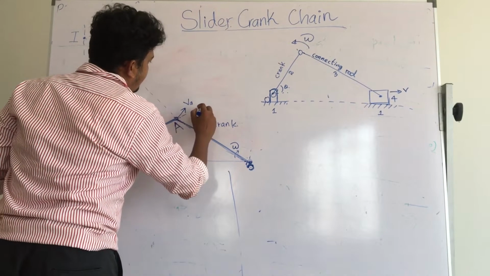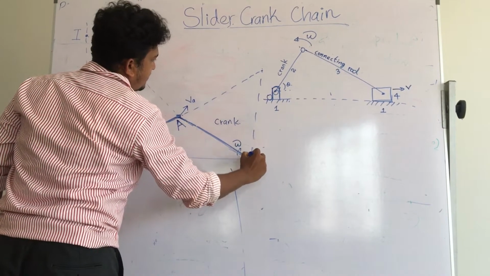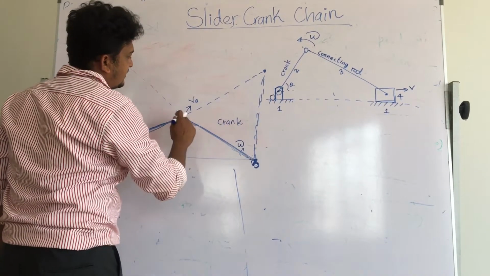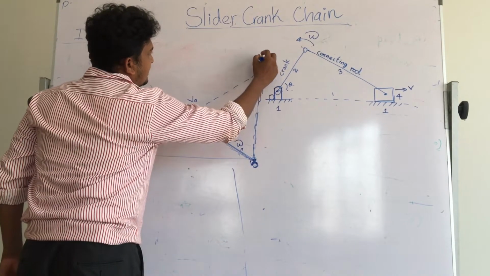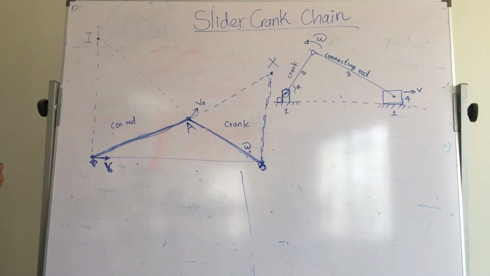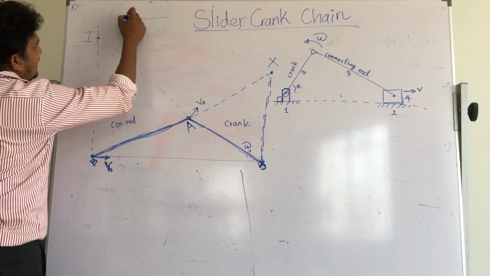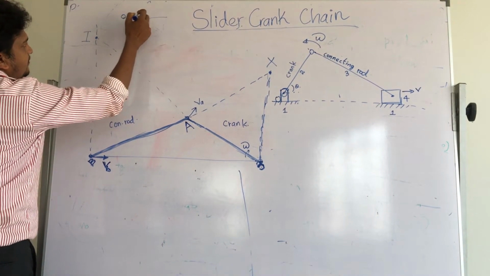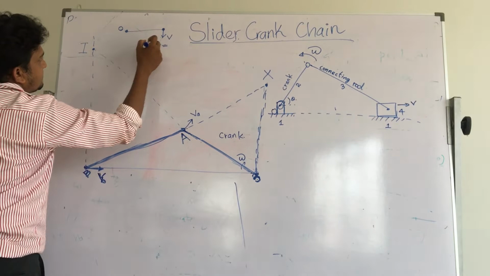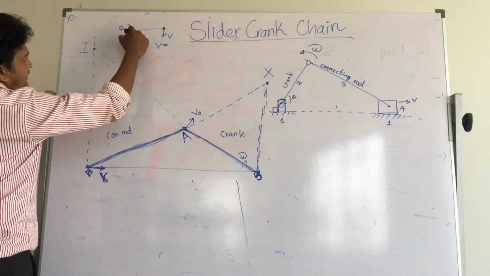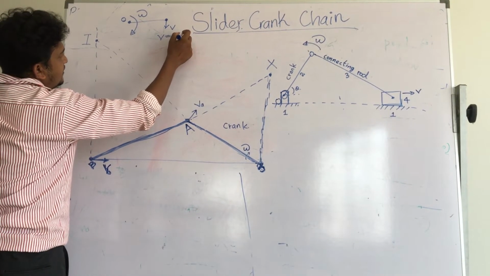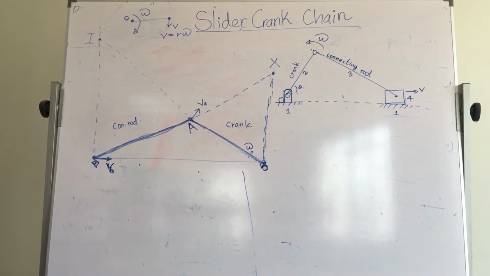In the same way, I extend this rod in the geometry, and the perpendicular to this one I denoted as X. I think you might know the basic physics: when an object rotates about a given point at angular velocity omega, the velocity is given by v equals r into omega.